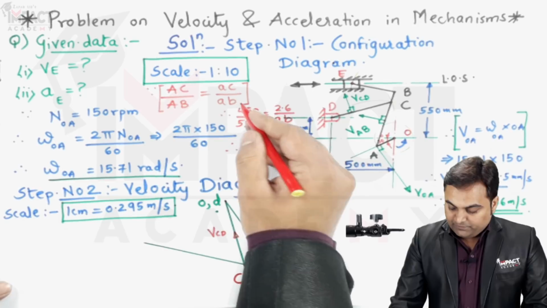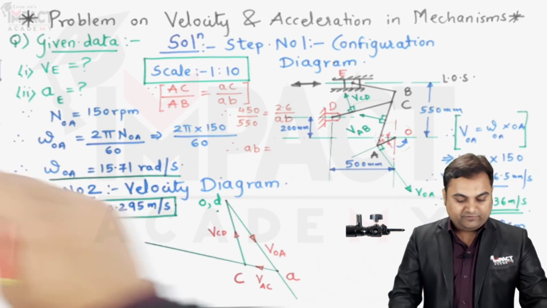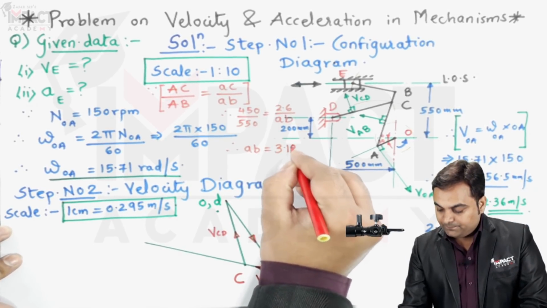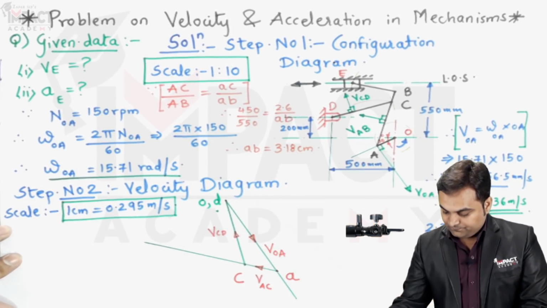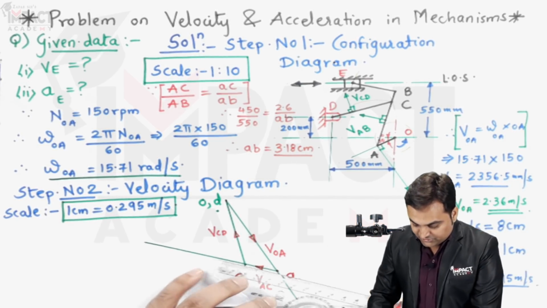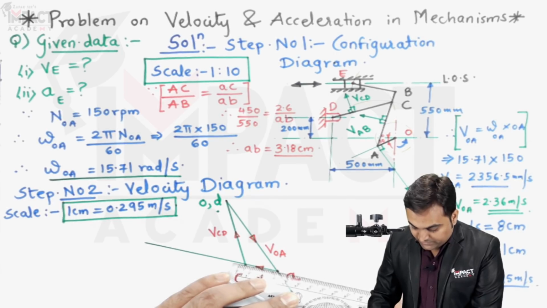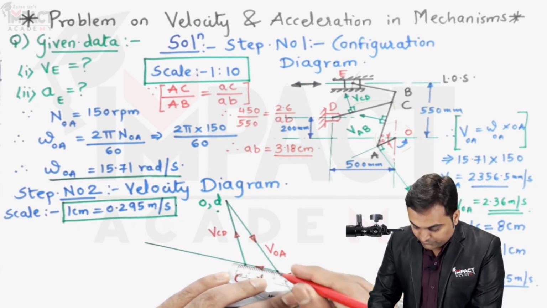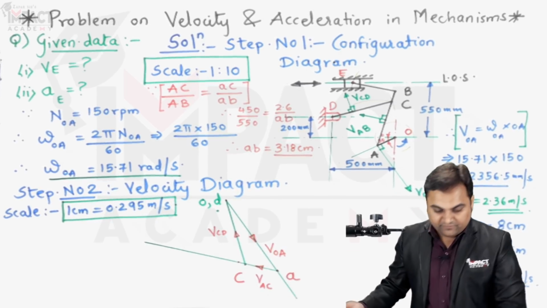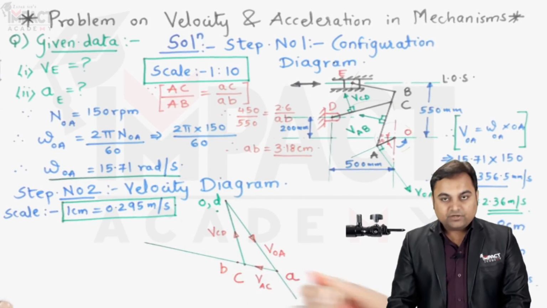Small AB would be 2.6 into 550 divided by 450. It comes out to be 3.18 centimeters. So from point A, I'll measure 3.18 centimeter, approximately 3.1 or 3.2 we can say approximately. So that gives me point B, which is here.